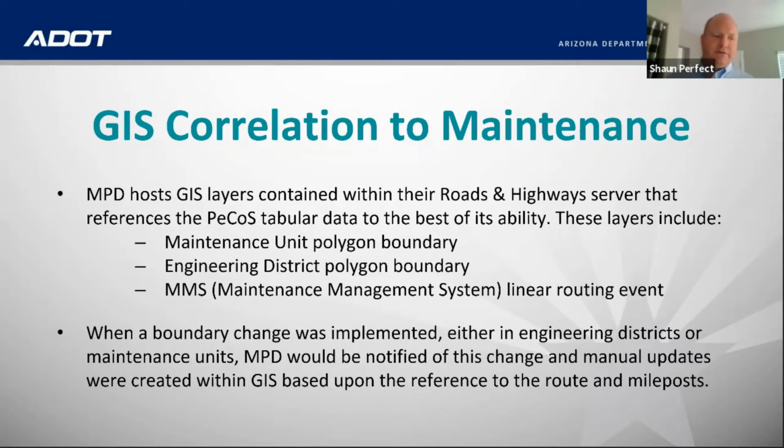We took that and manually went into the roads and highways database and changed it. On occasion, there were more than a few, and it was a tedious and time-consuming task, to say the least. So we wanted to think above and beyond how we can get rid of this manual process and build it into a more automated process.